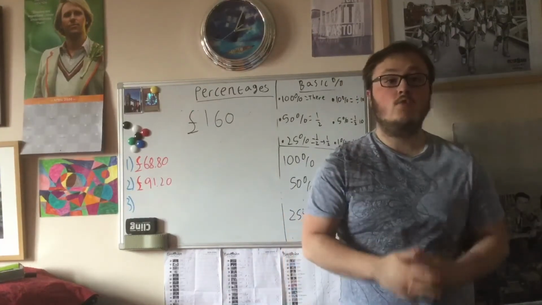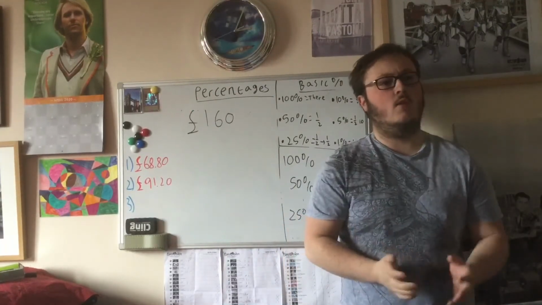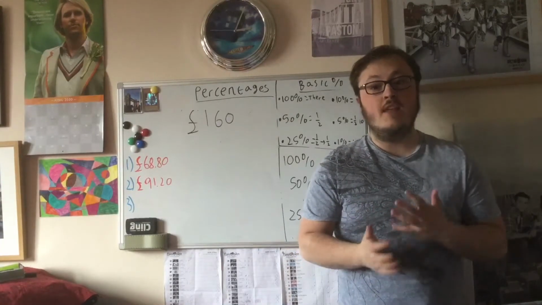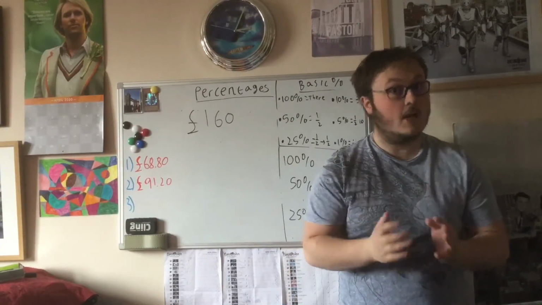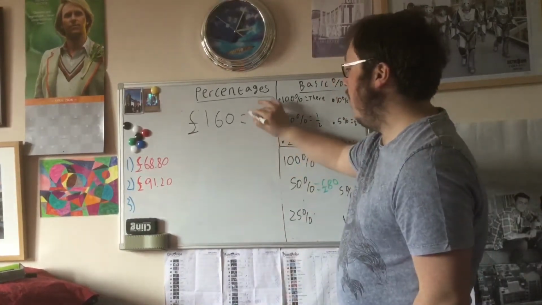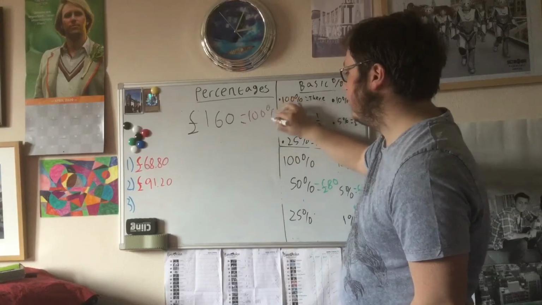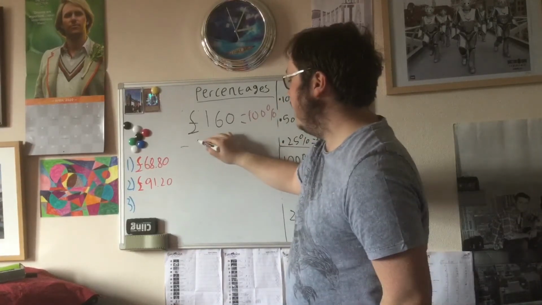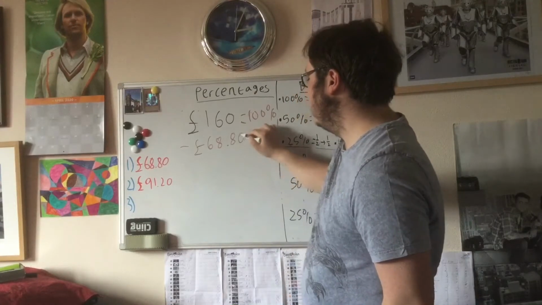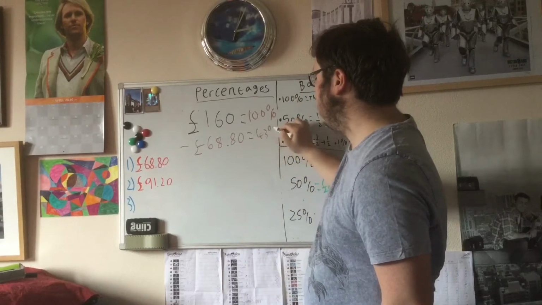So now that we've found how much is left, the final question was, what is that as a percentage? Now, this is very easy when you think about it. £160 is 100%, and we took away £68.80, which was 43%.